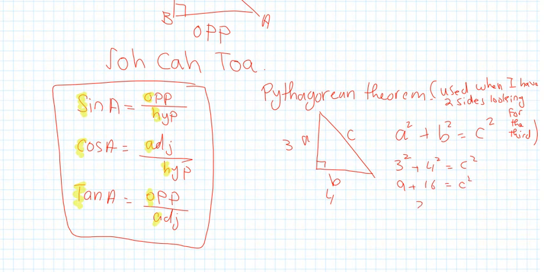We can't stop right here because I'm asking for side C. So your last step is to square root both sides, and that tells you that C equals 5. So you see that I've used my formula, plugged in the values to solve for side C. Does that make sense to everyone?